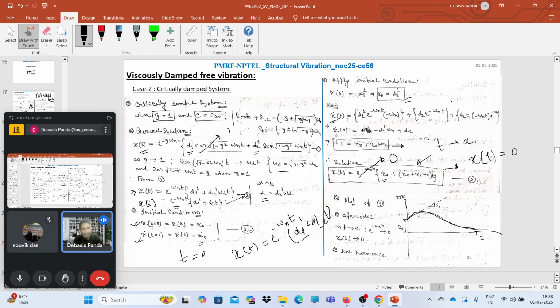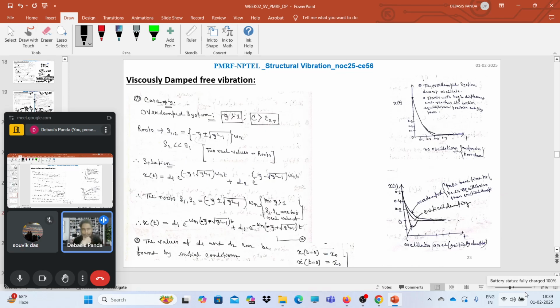Or if we provide some initial displacement only, say x naught, it will come to the zero position, it will not oscillate or vibrate. So the critically damped system is not harmonic, it's an aperiodic type of system. And the motto of this kind of system is very simple: as soon as possible, the energy of the vibration system should be diminished.